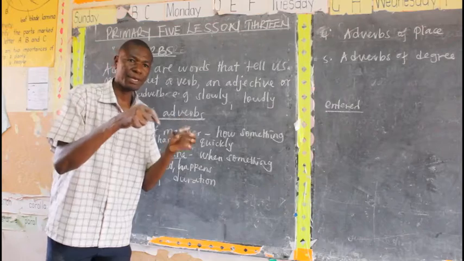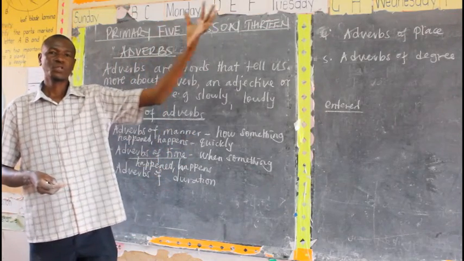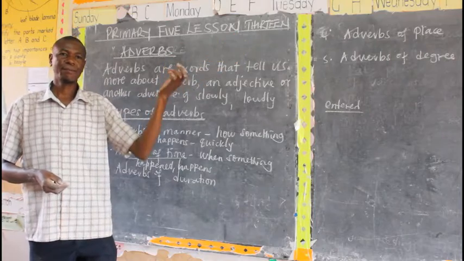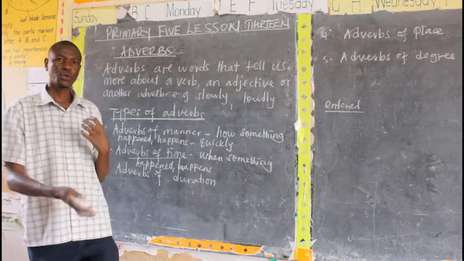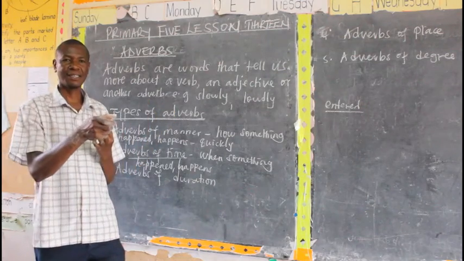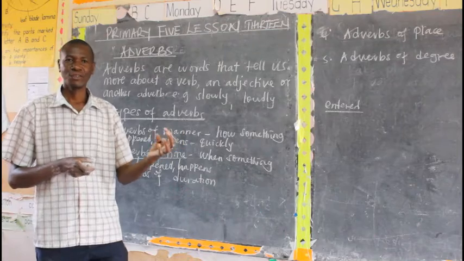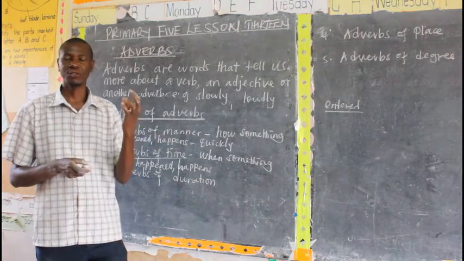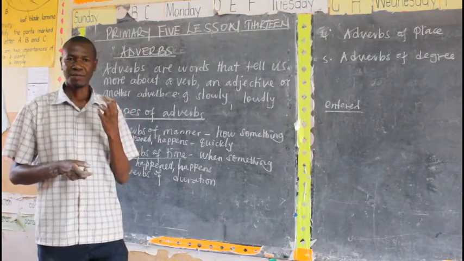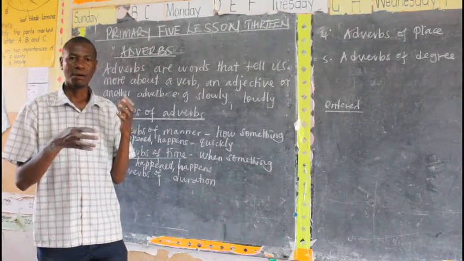Because something happens maybe today, another one will happen tomorrow, another one happened yesterday. So those words mentioning tomorrow, today, yesterday, now, next week, next year, those ones are called adverbs of time. They are telling us when an action took place.